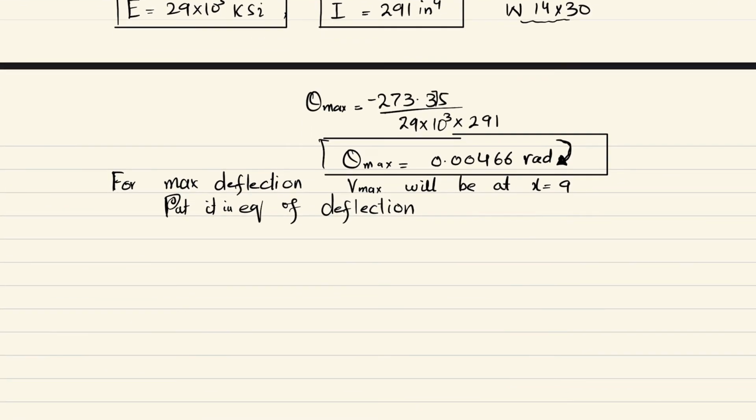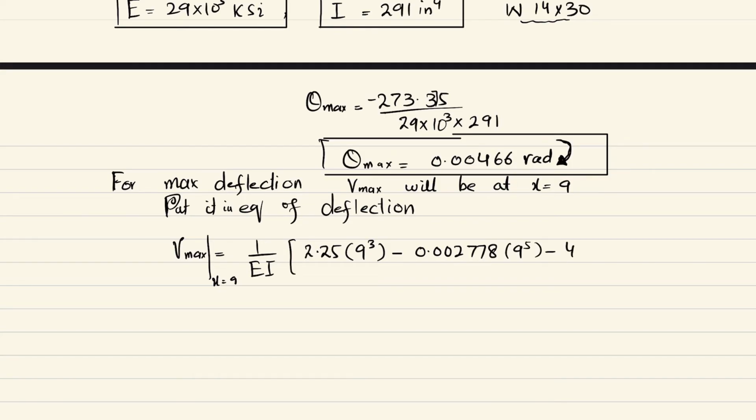So V at x equal to 9 will be equal to 1 over EI into 2.25 times 9 cubed minus 0.002778 times 9 to the power 5 minus 40.5 into 9 squared. The unit will be kips into feet cubed.